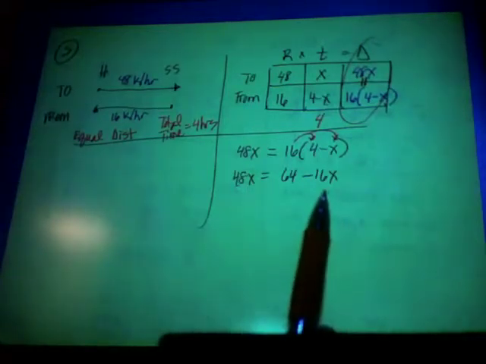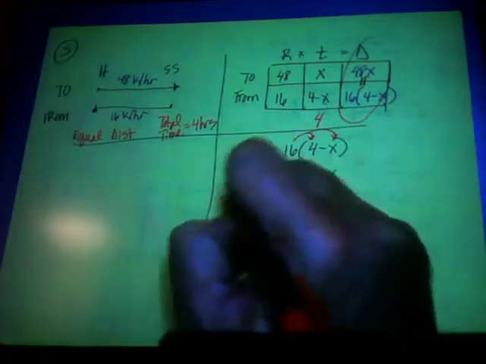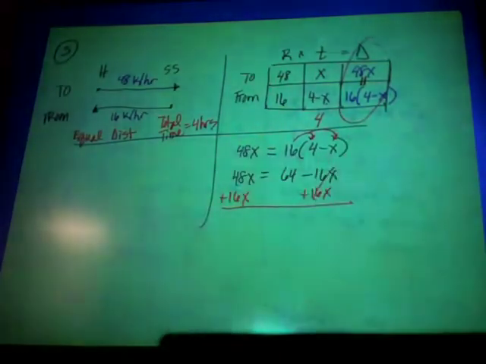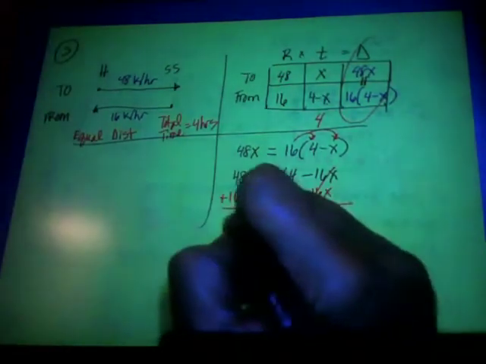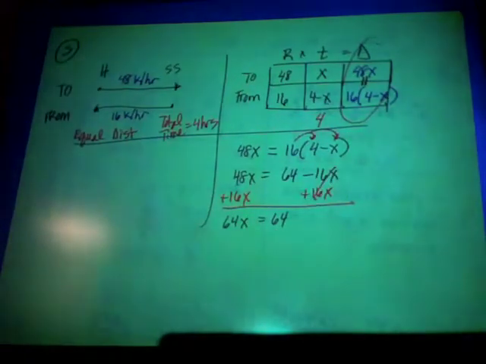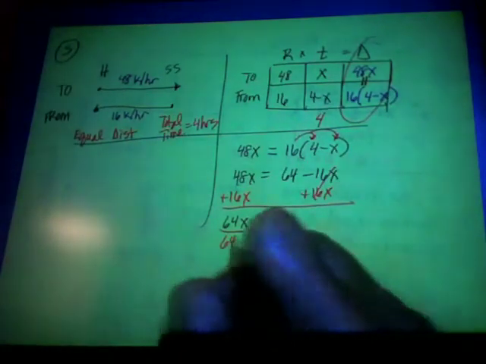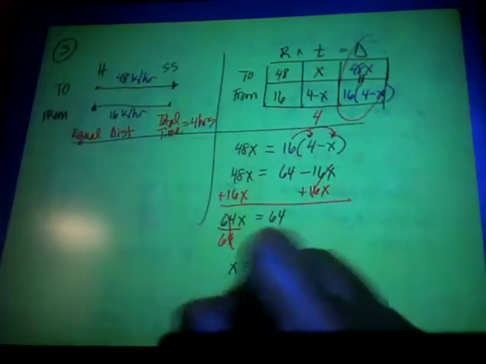This is a smaller x, right? You don't want to lose your equal sign, so add 16x to both sides. What is 48 plus 16? 64x is equal to 64. Now what do you do? Divide by 64. What's anything divided by itself? So x is 1.